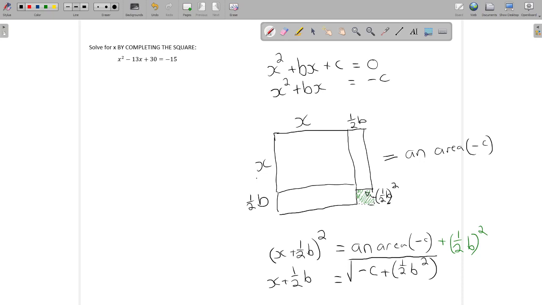And then I can isolate x. x is equal to the square root of minus c plus half b squared, minus half of b.